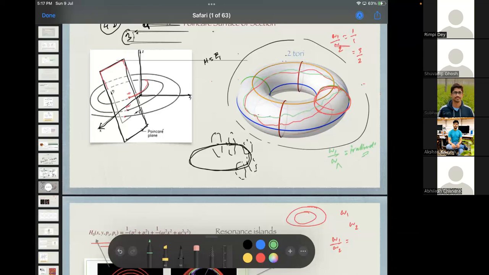Similarly, for an irrational ratio, if you start from this point, the trajectory will move around and go close to this point, but not exactly this point.